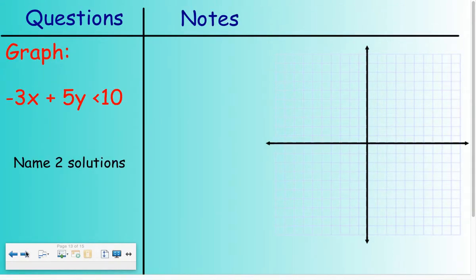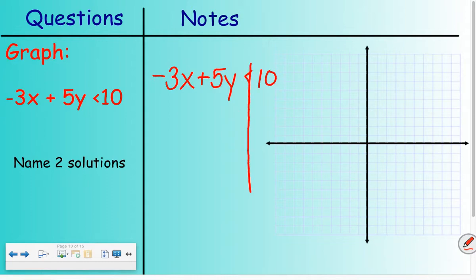All right, and negative 3x plus 5y is less than 10. To get slope-intercept form, add 3x to both sides. So 5y is less than 3x plus 10.